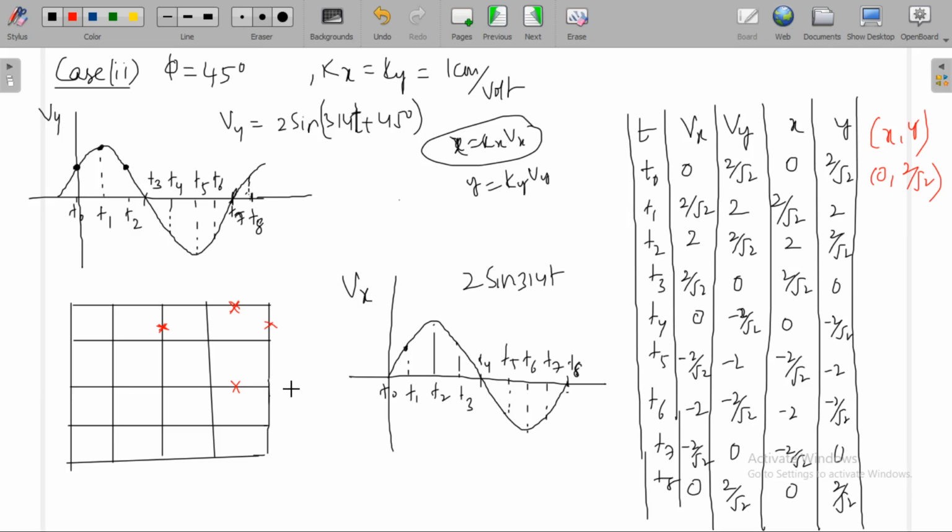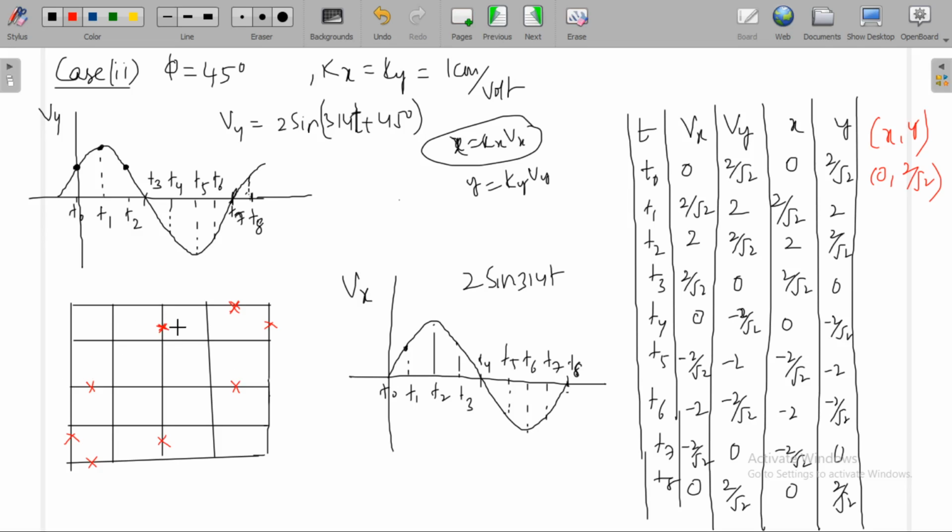Then minus 1.414 comma minus 2, minus 2 comma minus 1.414, minus 2 comma minus 1.414, minus 1.414 comma 0, and 0 comma 1.414.